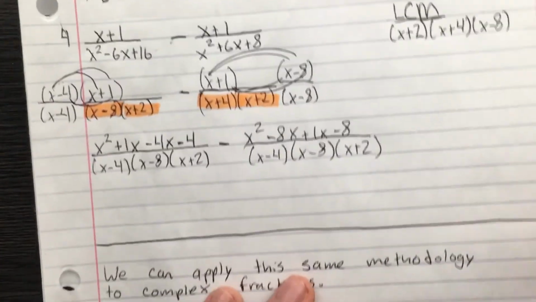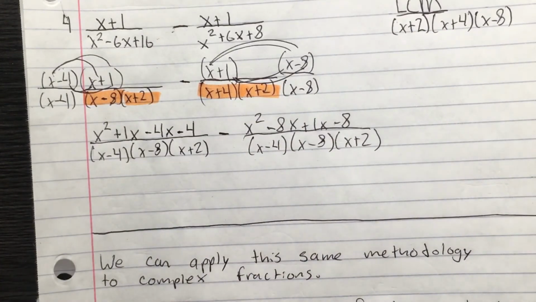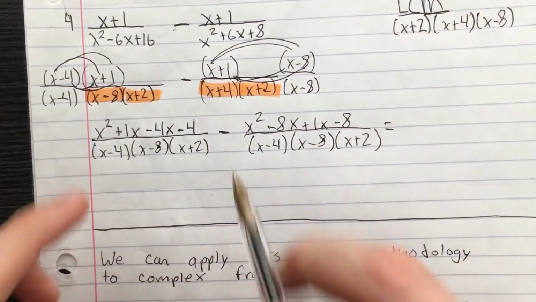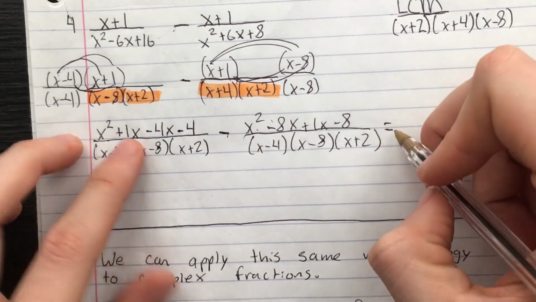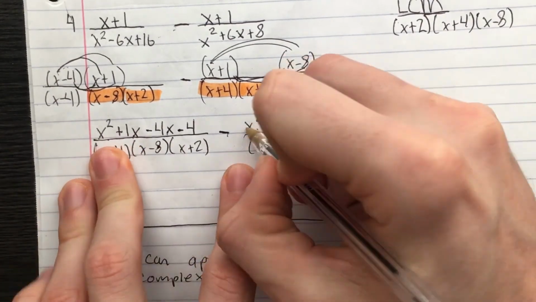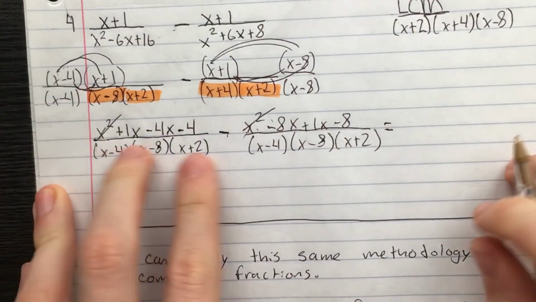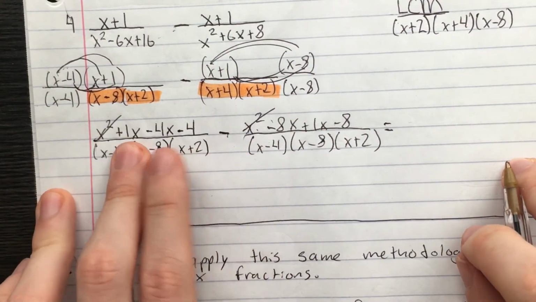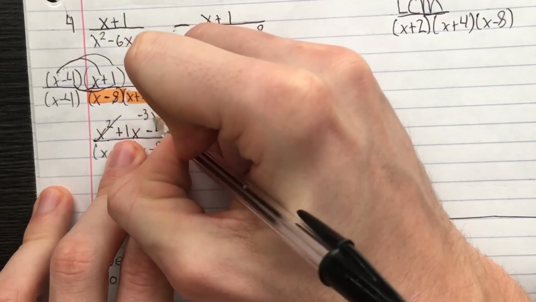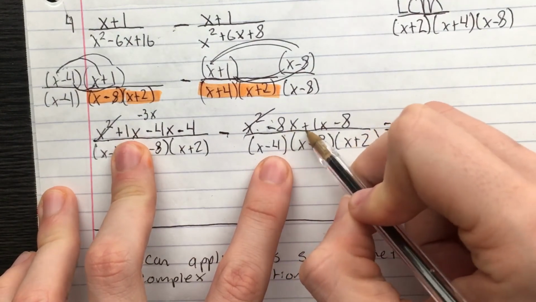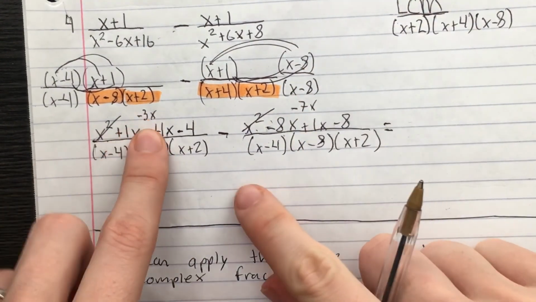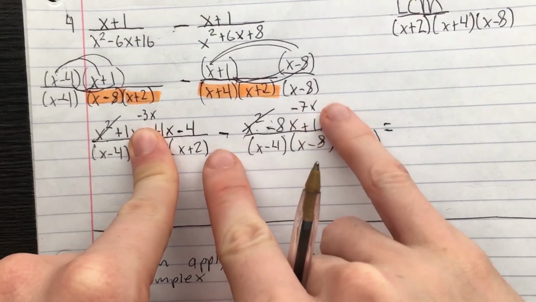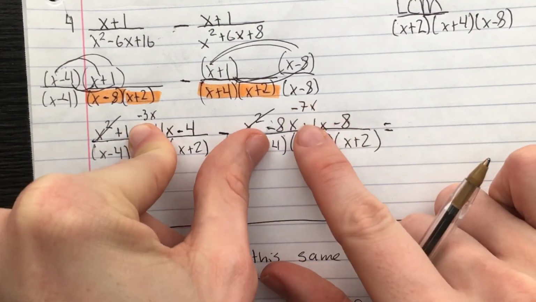And now we're ready to combine and simplify these things a little bit. So x squared minus x squared, those are going to cross out. We're subtracting here. So we've got 1x minus 4x, that's negative 3x. Negative 8x plus 1x is negative 7x. So we're doing negative 3x minus a negative 7x. Don't get lost with these double negatives.